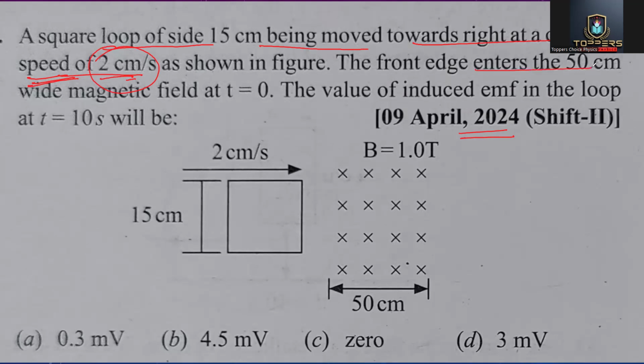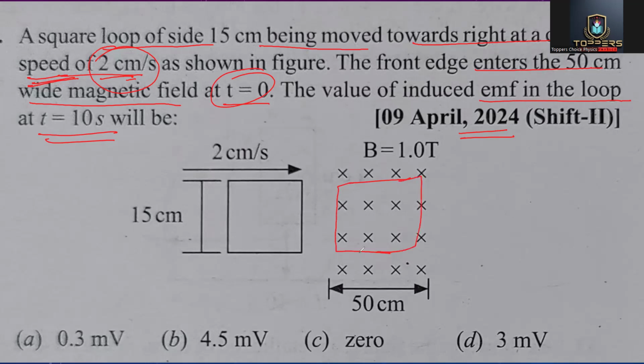The front edge enters the 50 centimeter wide magnetic field at t equal to 0. Then what is the value of induced EMF in the loop at t equal to 10 seconds? At t equal to 0 seconds, it's outside of the magnetic field. Then what will be its position at t equal to 10 seconds?